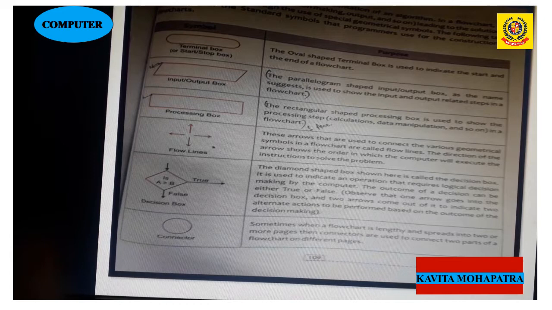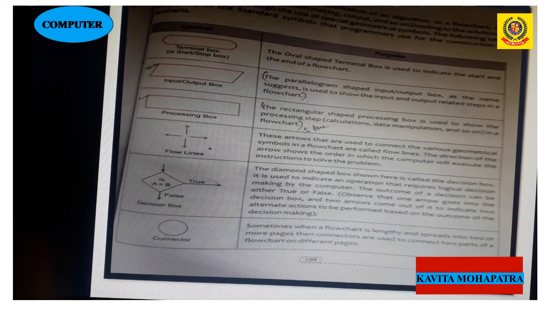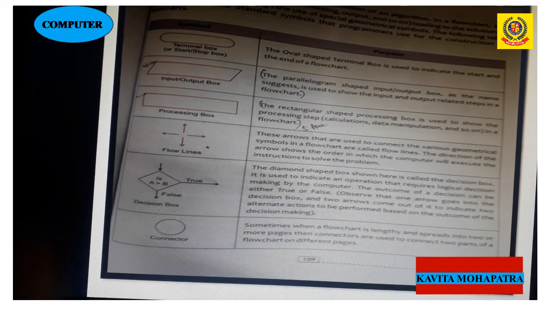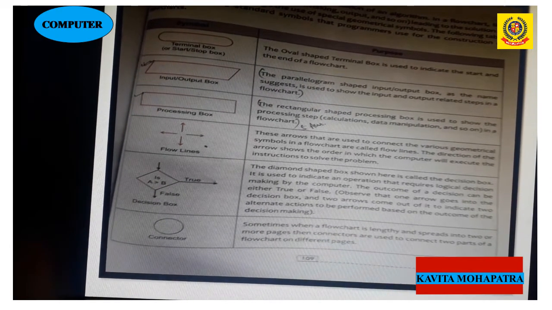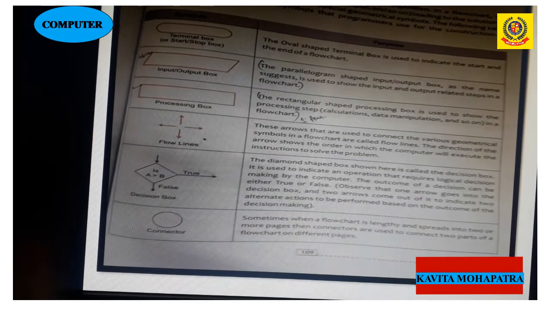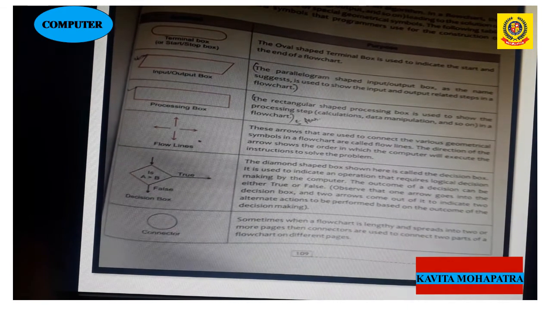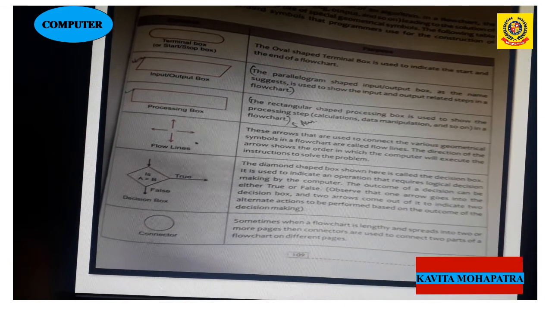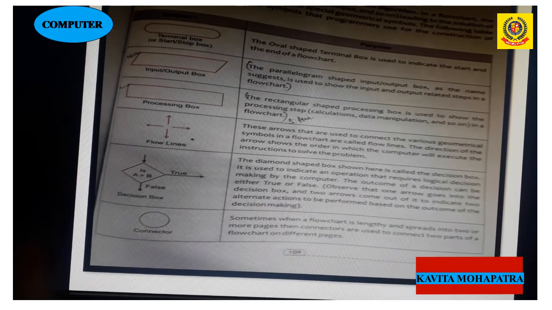Flow lines. These arrows that are used to connect various geometrical symbols in a flowchart are called flow lines. The direction arrow shows the order in which the computer will execute the instructions to solve the problem. Next, the diamond shaped box. This is known as the decision box.